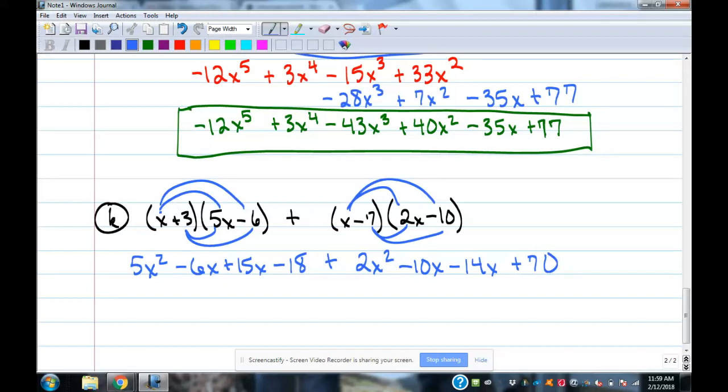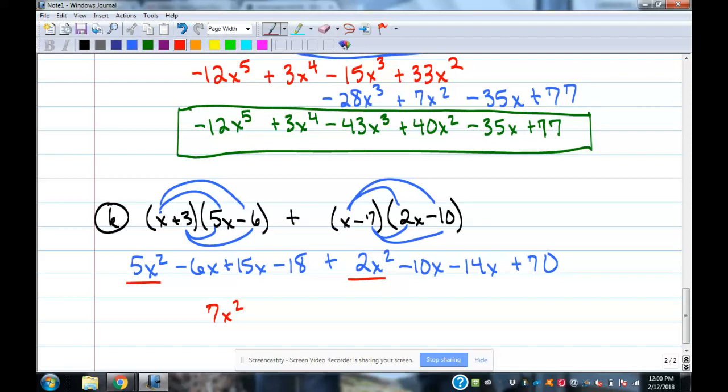And when we were doing this last week, I told you start with the highest exponent. So we're going to start with what? The x squareds, yeah. So this one and this one go together. That'd be 7x squared. And then we got a lot of stuff that's a plain x, right? Combine all of those like terms. So we got negative 6 plus 15 is positive 9.